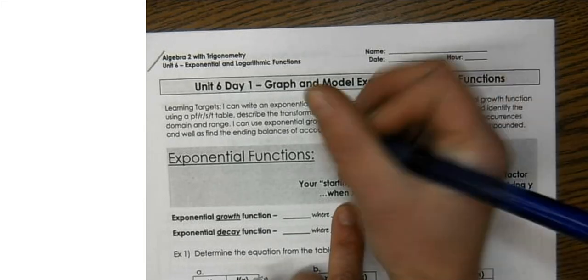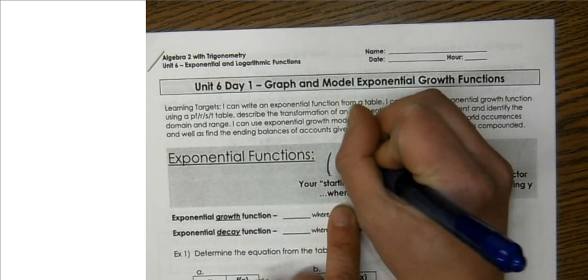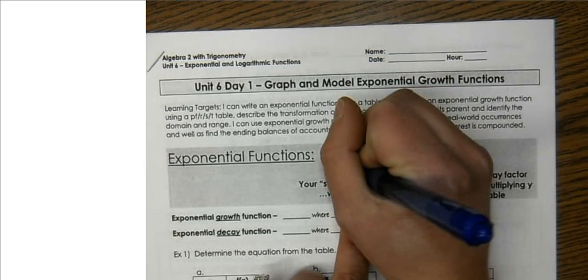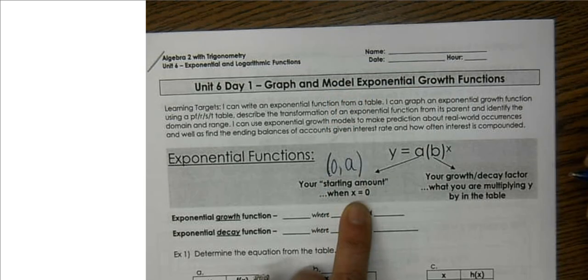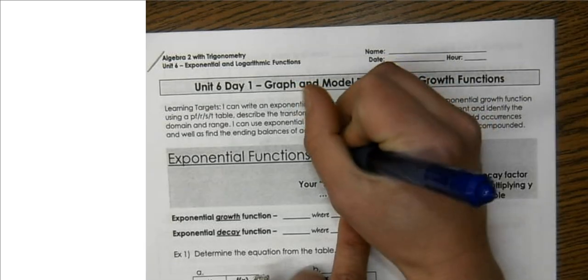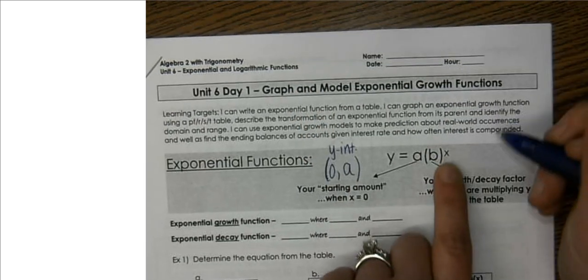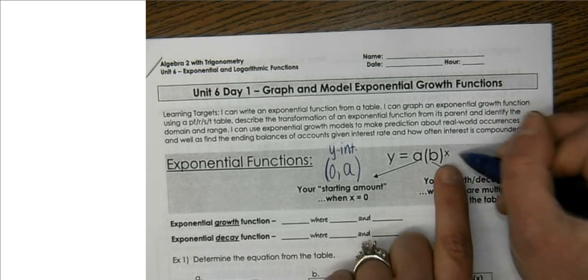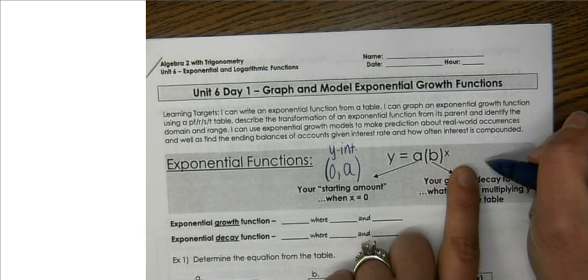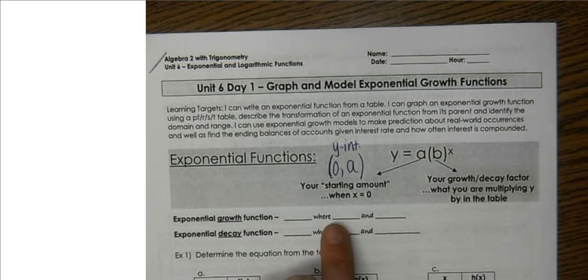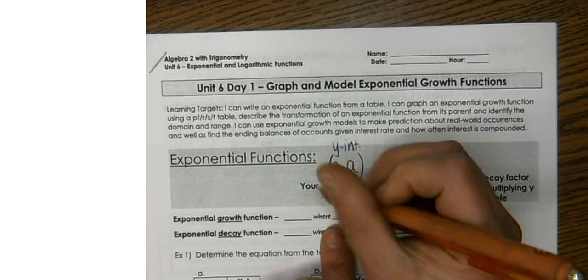So if x is equal to 0, then your y value is going to be A. So (0, A) is your y-intercept, and that occurs only if there is nothing that you are adding on the outside of our function. So this is our y-intercept, and it represents our starting amount.